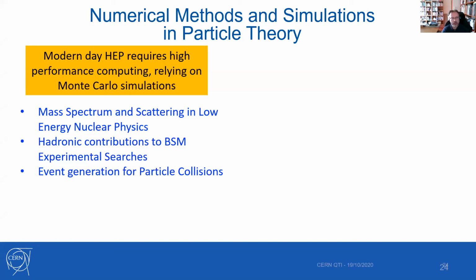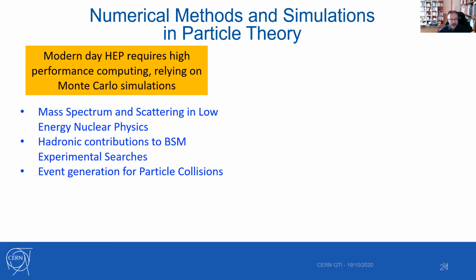So there is work going on at CERN on a number of theoretical aspects: lattice QCD, simulations, and information processing. A lot of the work done today, especially work to go beyond the standard model and doing dark matter searches, relies on very sophisticated Monte Carlo simulations that require HPC type of infrastructure.